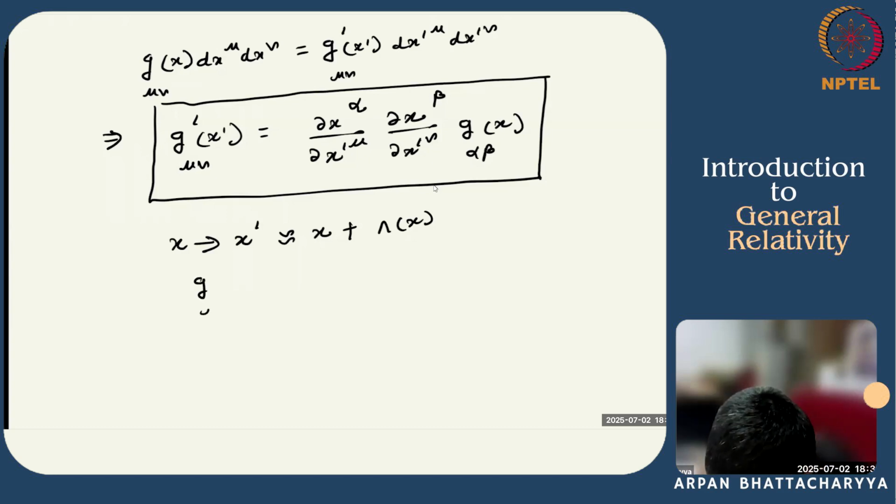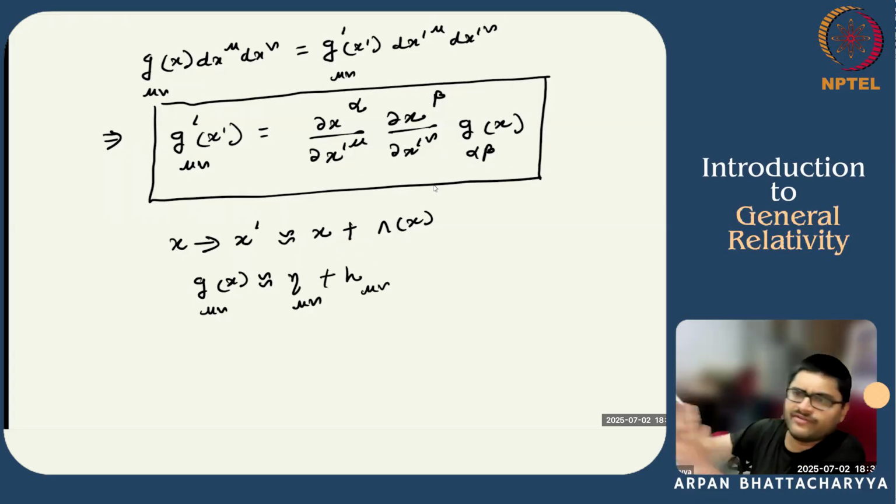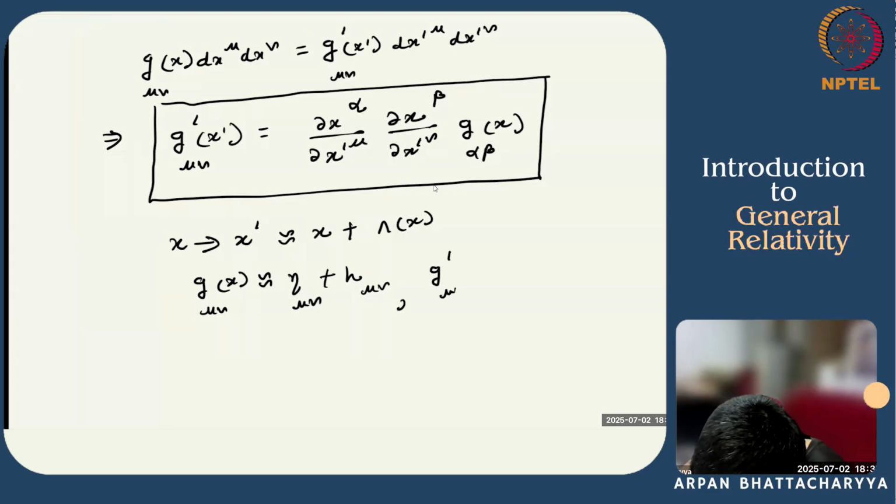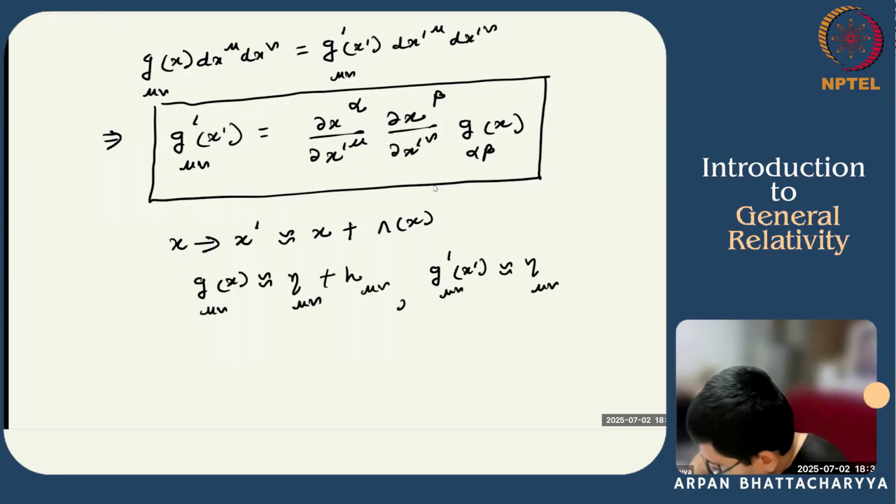And now at the linearized level, g mu nu is equal to eta mu nu plus h mu nu. So it's a small deviation from the Minkowski metric, from entries 1 and then some small deviation. And of course, g prime mu nu at x prime will be again eta mu nu, since eta mu nu is invariant, we know, plus some h prime mu nu.